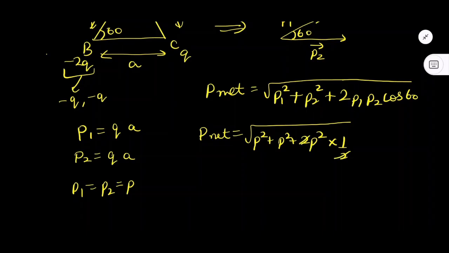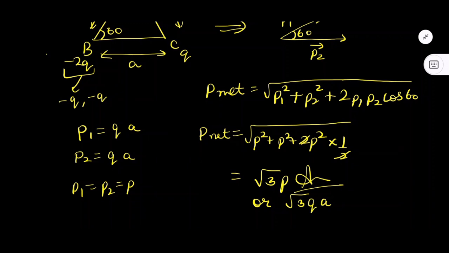So we'll get under root 3 P. This will be our answer, or we can write it as under root 3 Q into A, right? So in this way we'll solve the questions.